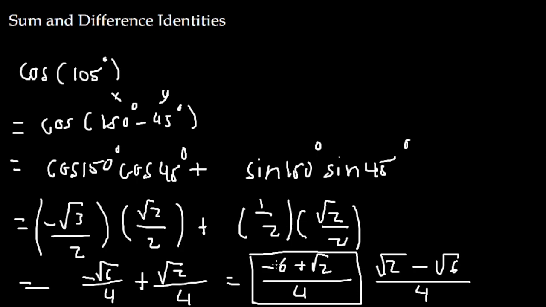Sometimes it's written in a different way, like this, where negative square root of 6, positive square root of 2, then over 4. It's written in a different way, pero similar pa rin siya sa ating answer. Now, we can say that whether you use the sum or the difference identity, you will always get the same answer for the two of them.